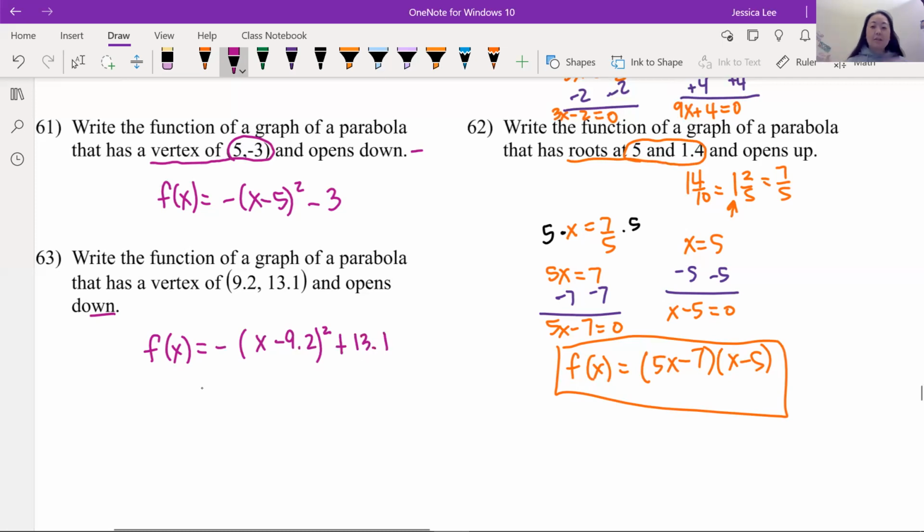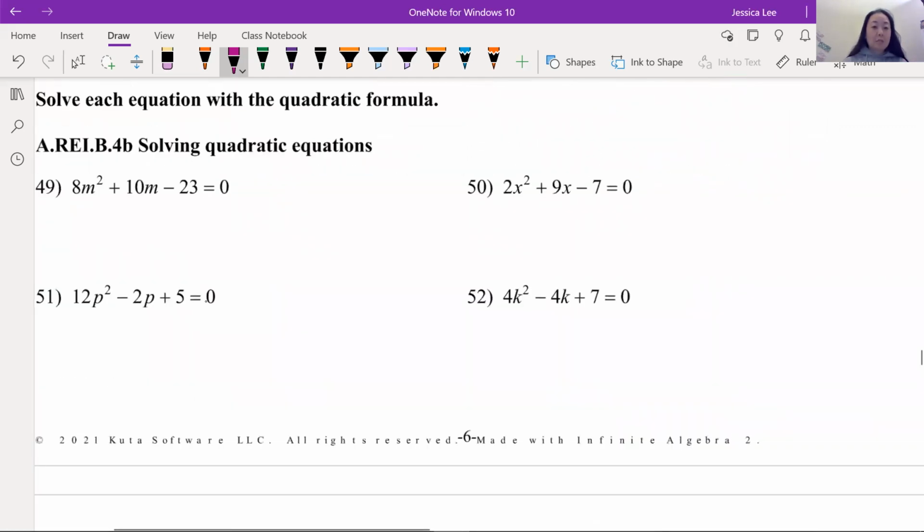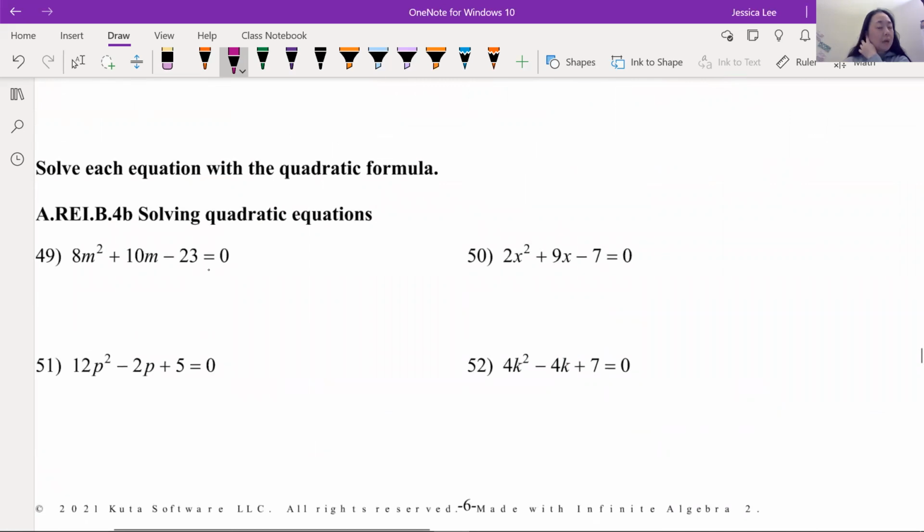Yay, done. So again, if you have questions, this was part 2 of the review for the midterm. If you have questions on the first part, then do those. I included a whole bunch of problems where, if you look over here, you can just solve for quadratic. If solving for x was the hard part for you, I have a whole bunch, so do these or these, and it kind of gives you a hint.